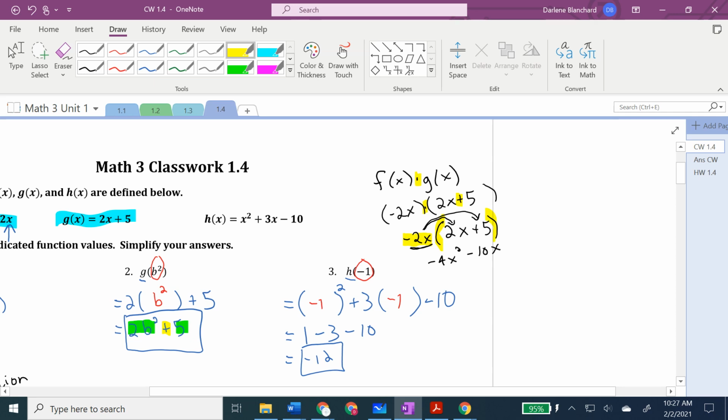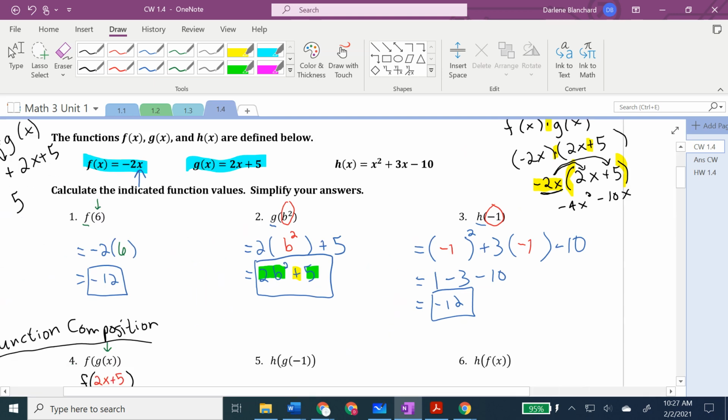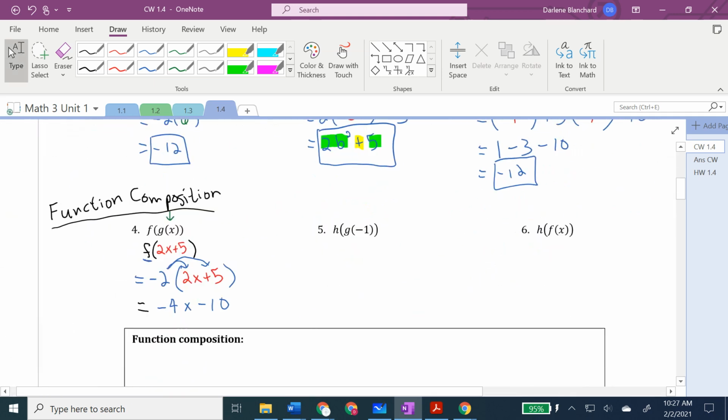And it's really important to understand how this is different from what this is telling you to do. With this, it's telling you to replace the x variable with whatever this g of x expression is. And that turned out to be a very different answer.